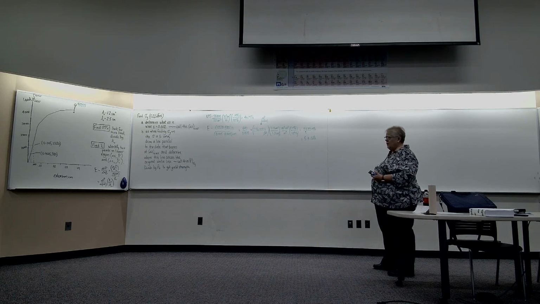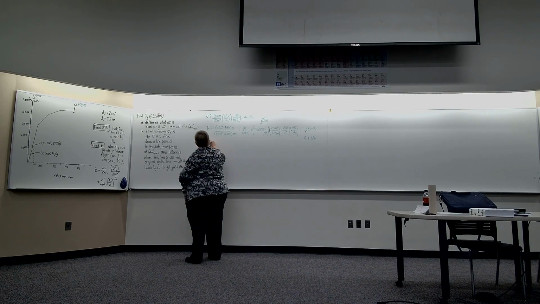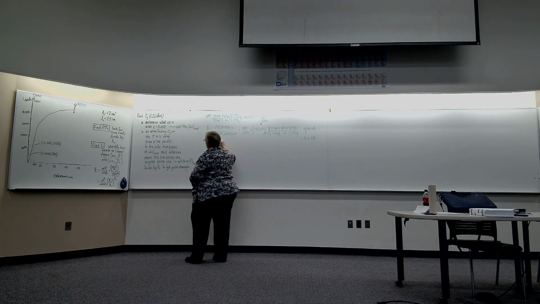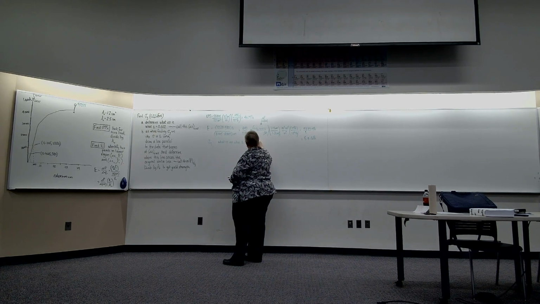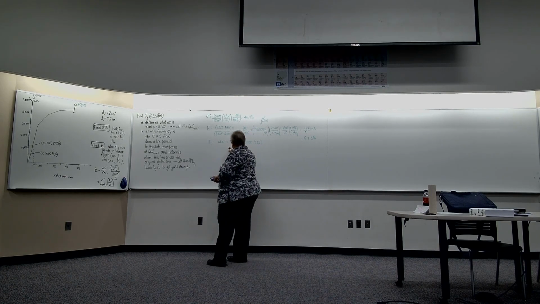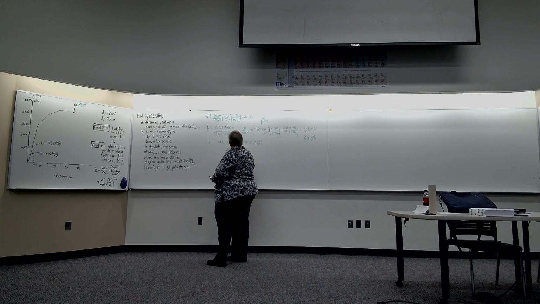Okay, now finding yield strength might feel a little weird, but it's just not. First, we want to find out what is delta x, and strain is 0.002 or 0.2%. And so we know that strain is delta x over the original length. And we want to set that equal to 0.002.